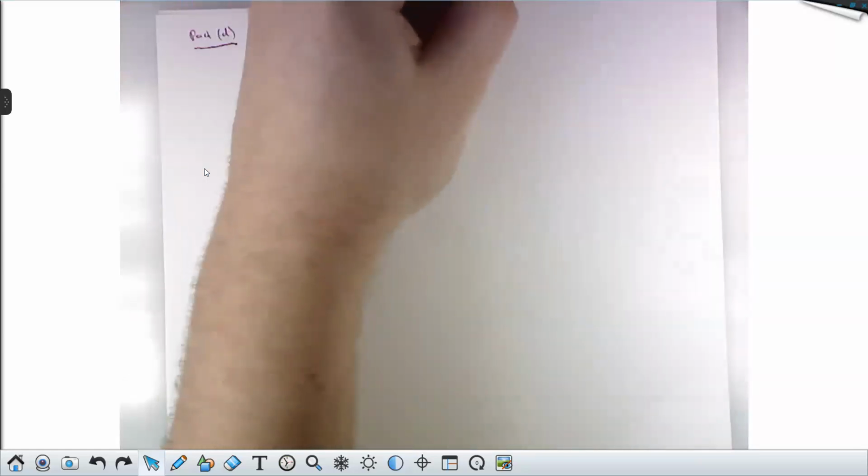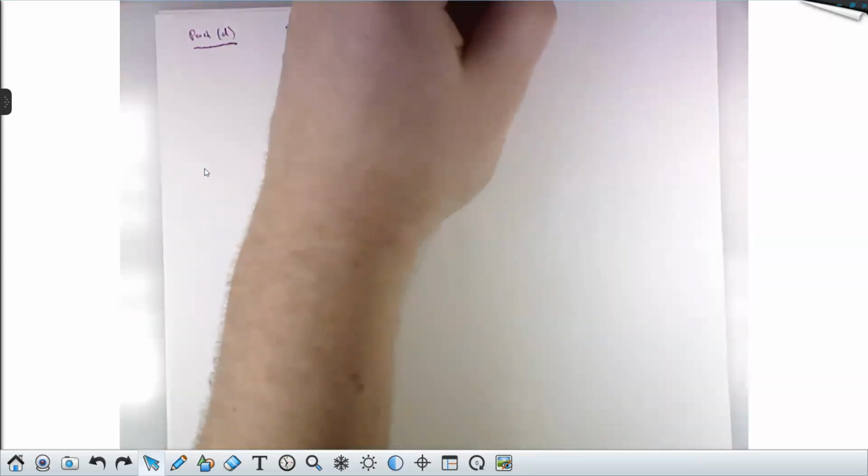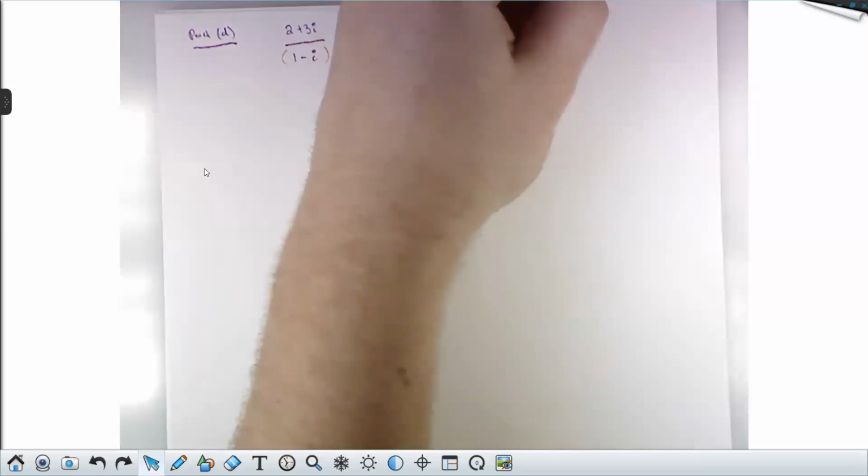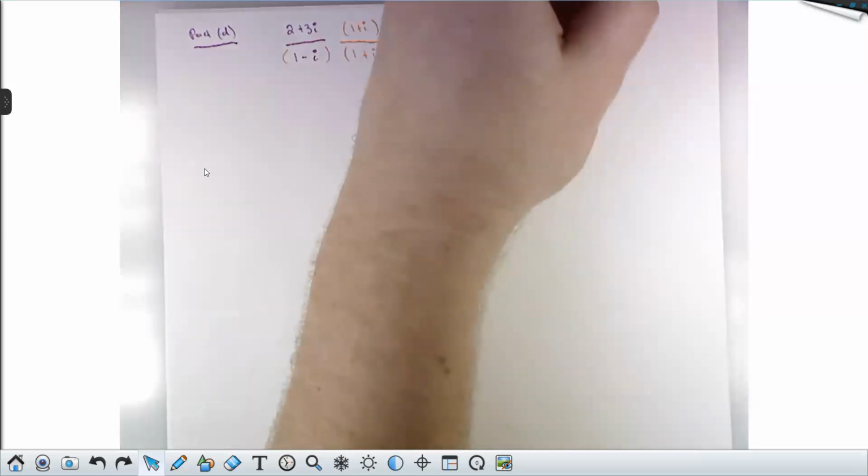So in words here, again, the trick is to multiply top and bottom by the complex conjugate of the bottom.